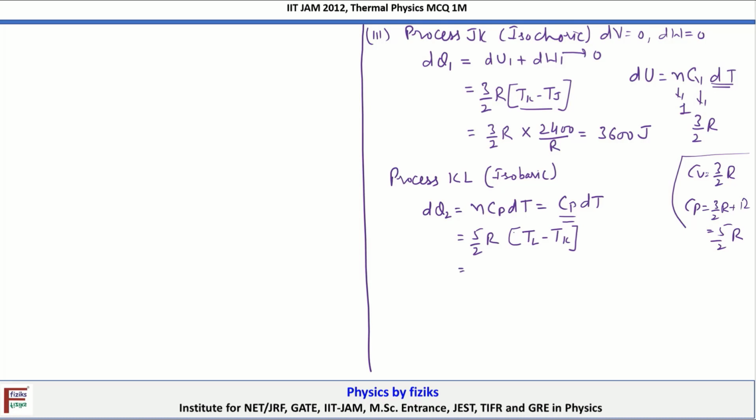This is equal to 5 by 2 R multiplied by 11,200 divided by R, and this is equal to 28,000 joule, that is dQ2. Now the third step, process LM.